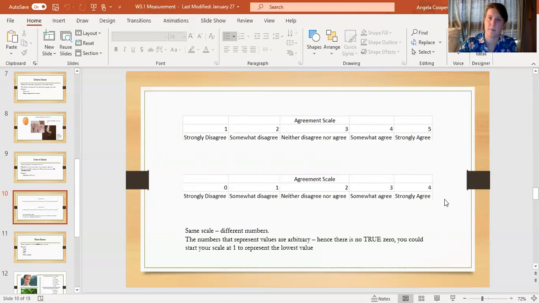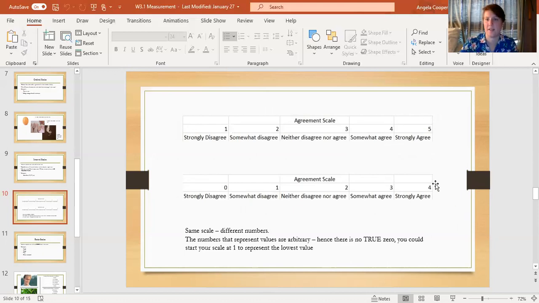So that's what it means to have no true 0. I find it especially true with Likert scales because it's so easy to have them start at 0 to 4 or 1 to 5. It's still going to be the same: strongly disagree, somewhat disagree, neither disagree nor agree, somewhat agree, strongly agree. You can put that on a scale of 4 to 10 for all I care, 4 to 9. It doesn't matter.